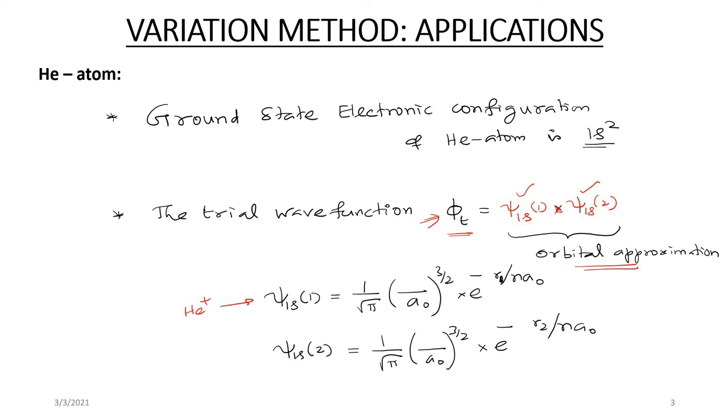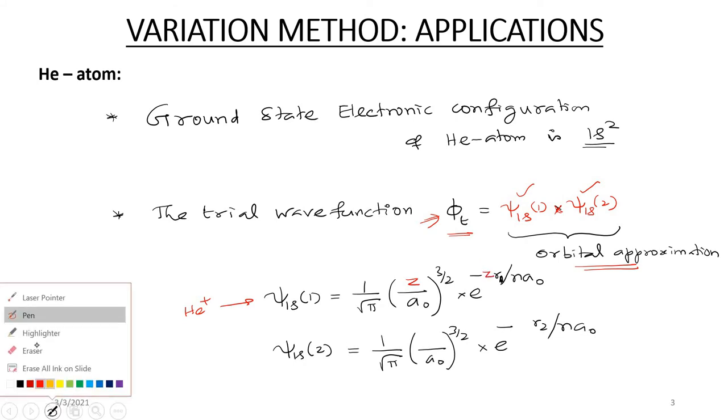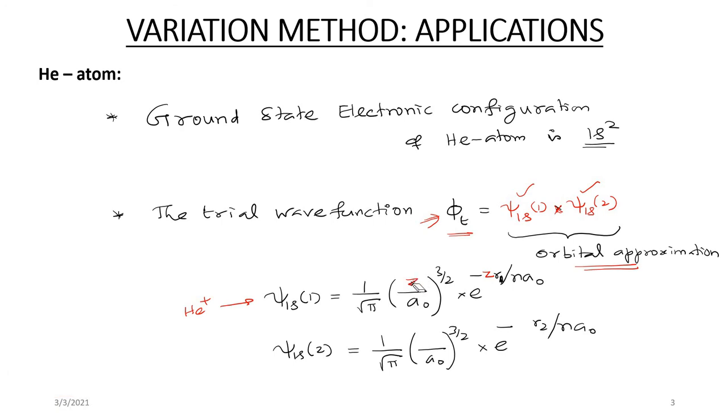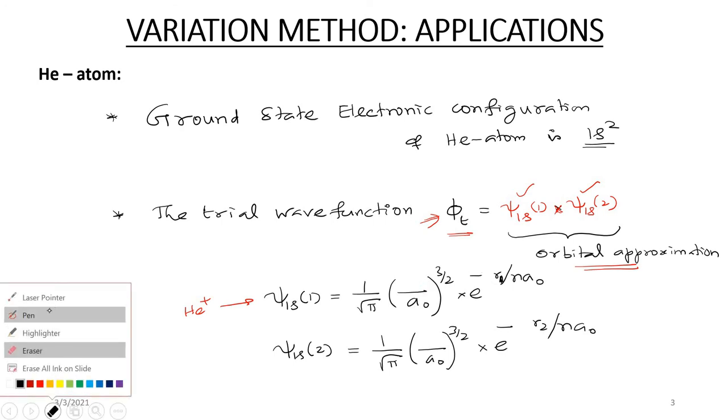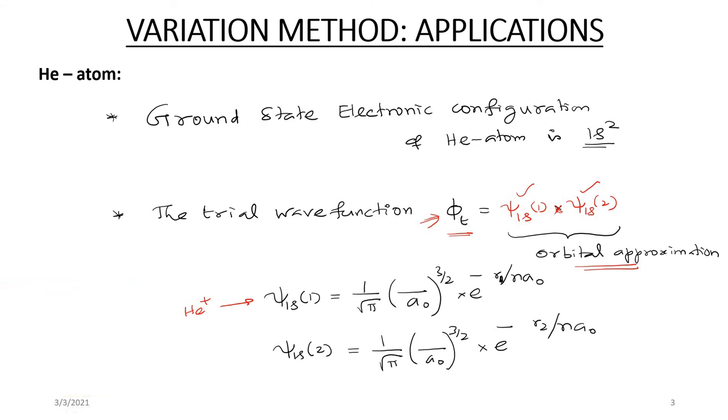in the absence of electron-electron interaction, you can put Z directly here and here. But as we are incorporating the electron-electron repulsion, or electron-electron interaction, in the helium atom, I am going to replace the Z by a new term called alpha, where this alpha is called the variation parameter.